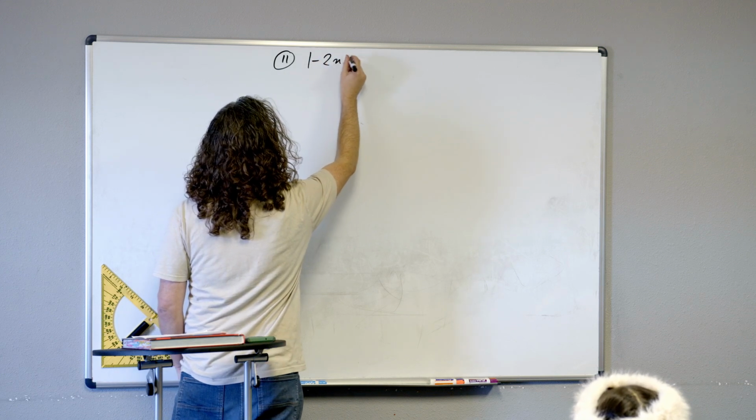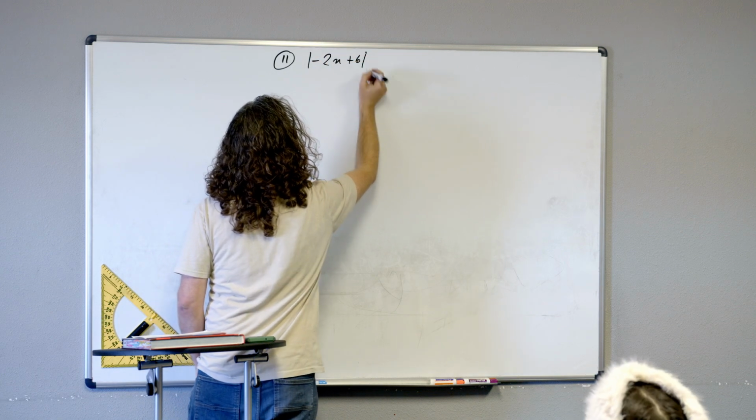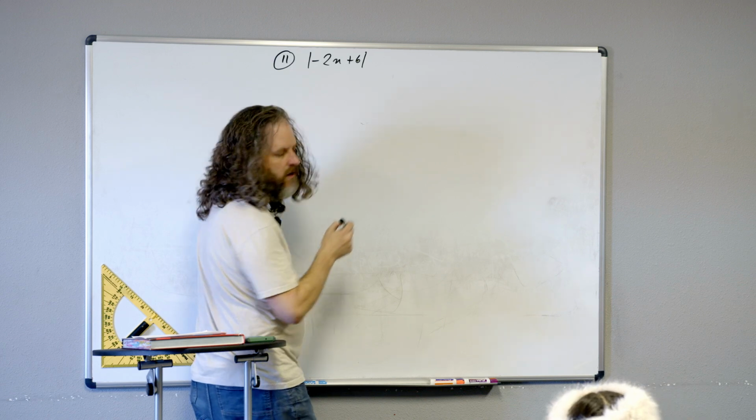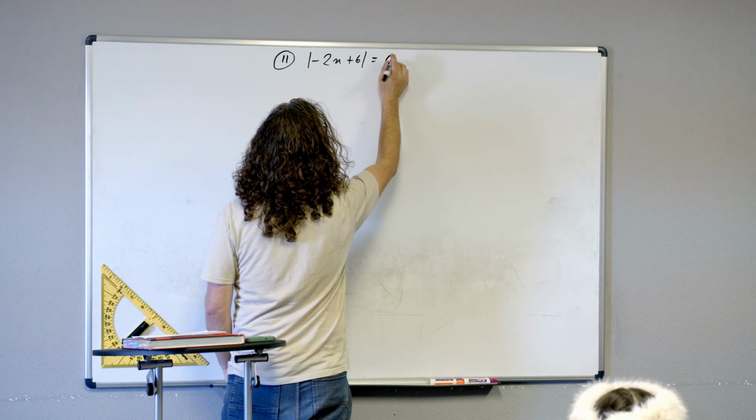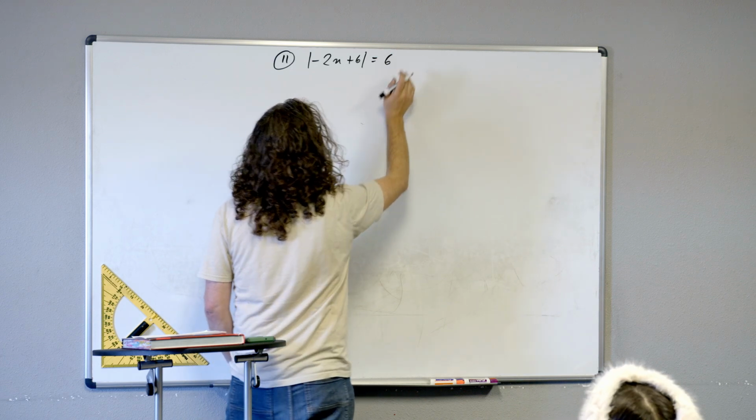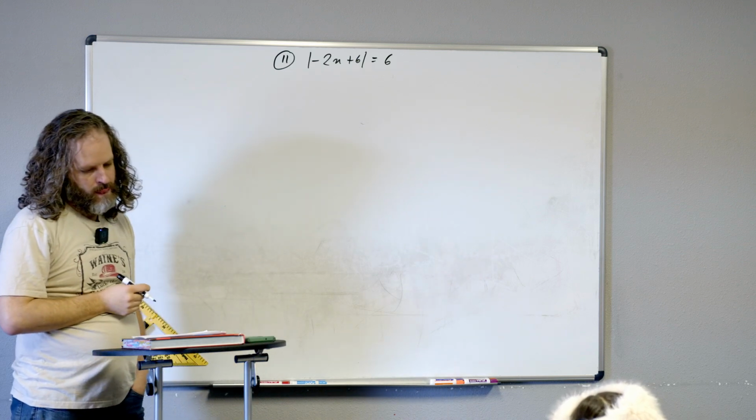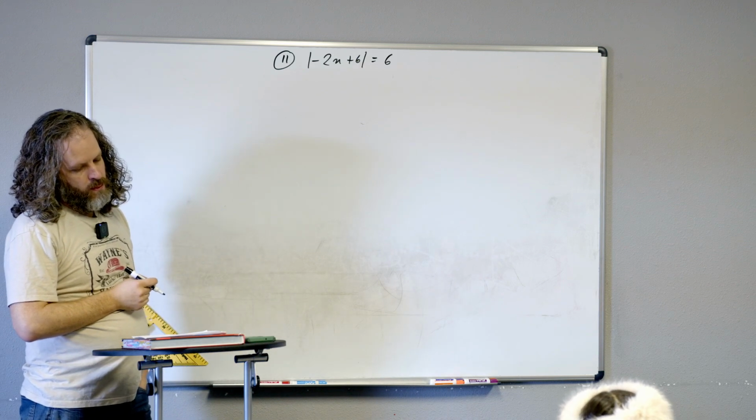Negative 2n plus 6, absolute value, equals 6. What do we have to do?